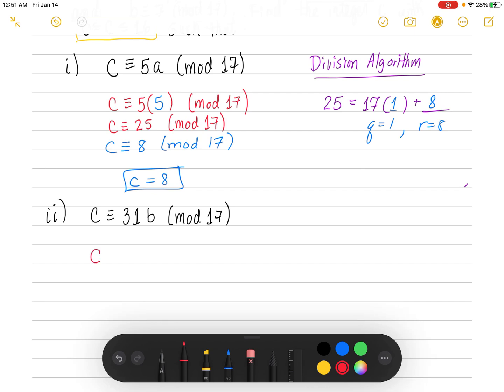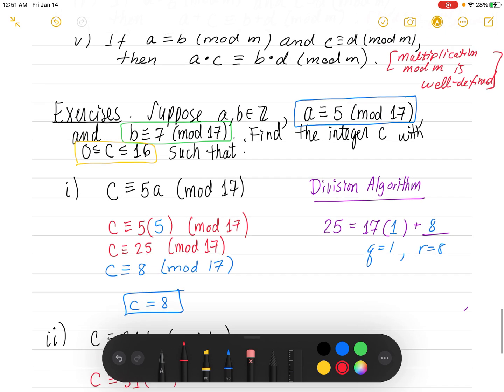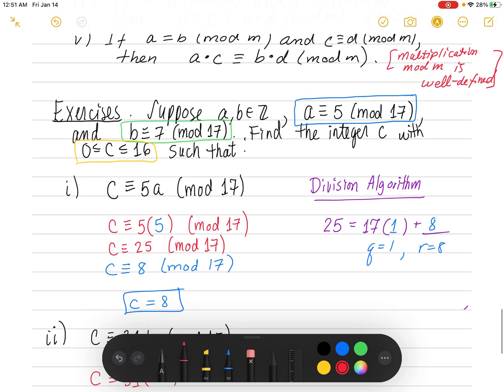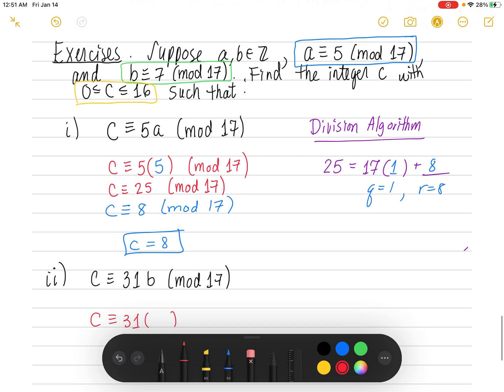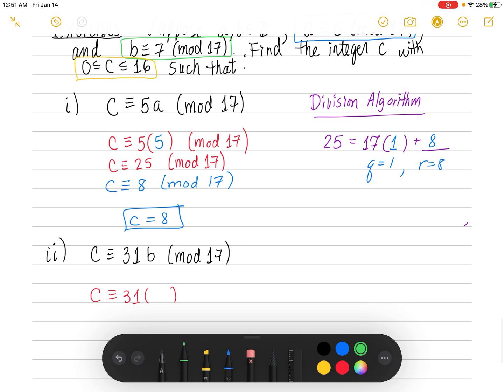So I'm going to start with C is congruent to 31, and remember that B was given to be congruent to 7 mod 17. We don't know if it's equal to 7, but we know it's congruent to 7. So we can replace that B based on our properties of congruence arithmetic with a 7. Replace the B here with a 7, and this is mod 17.